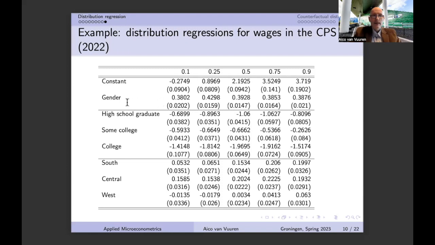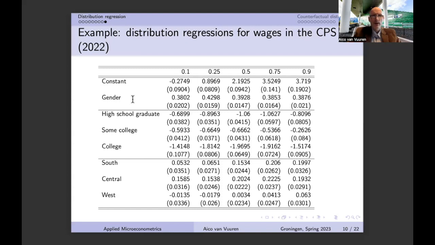In addition to that, we should realize that at the moment that we look at distribution regression, the interpretation of the coefficients, as I already said, is a little difficult, because a positive sign means that the wages generally are lower.